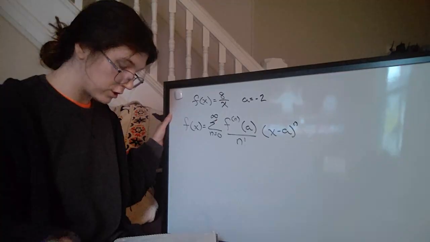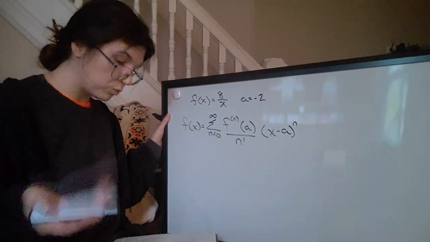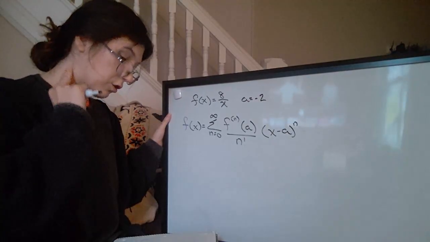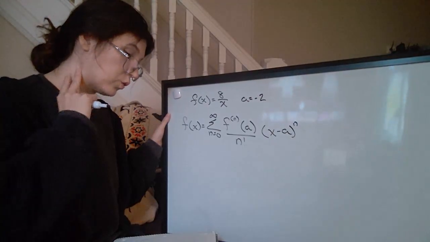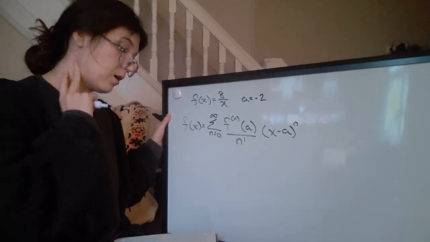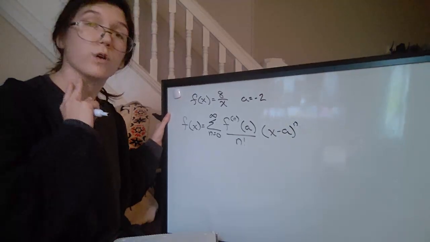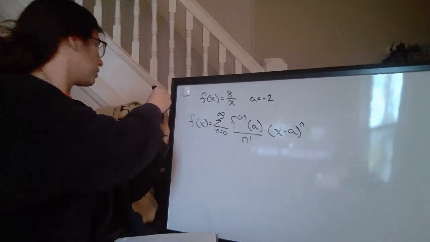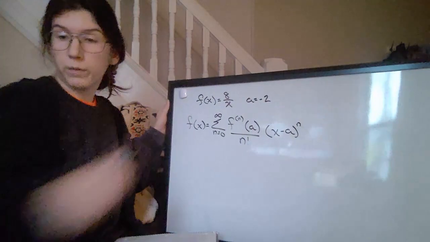I think 4 is just a good rule of thumb to be able to see the pattern, because sometimes a pattern won't appear until the third or fourth term. That's what we noticed when we did the ln of 1 plus 5x last time. We wouldn't have known that there was a factorial if we only did 2 terms. So I think just 4 is a good starting point.